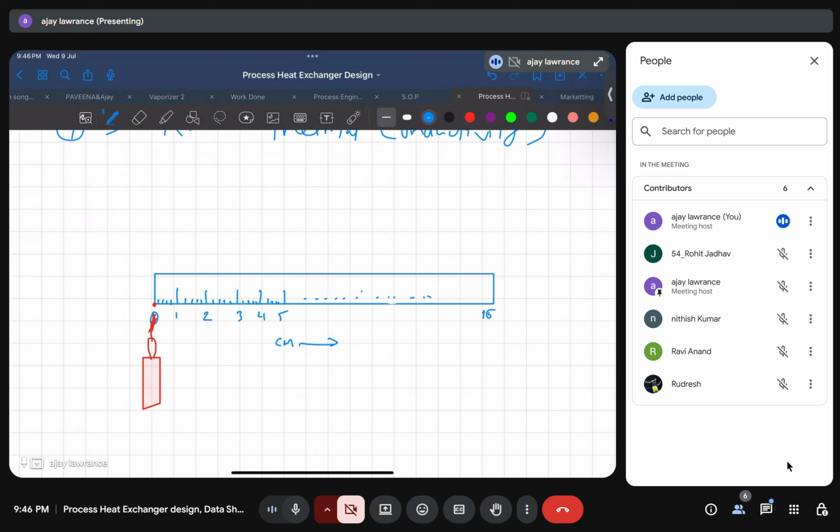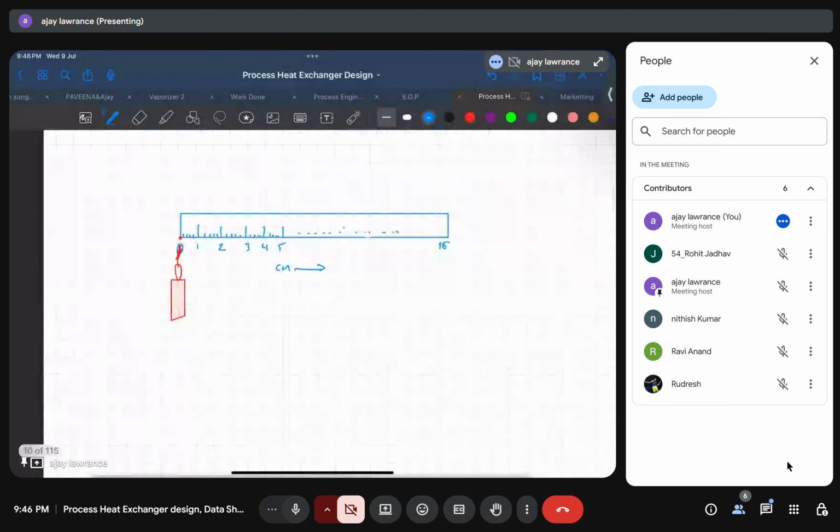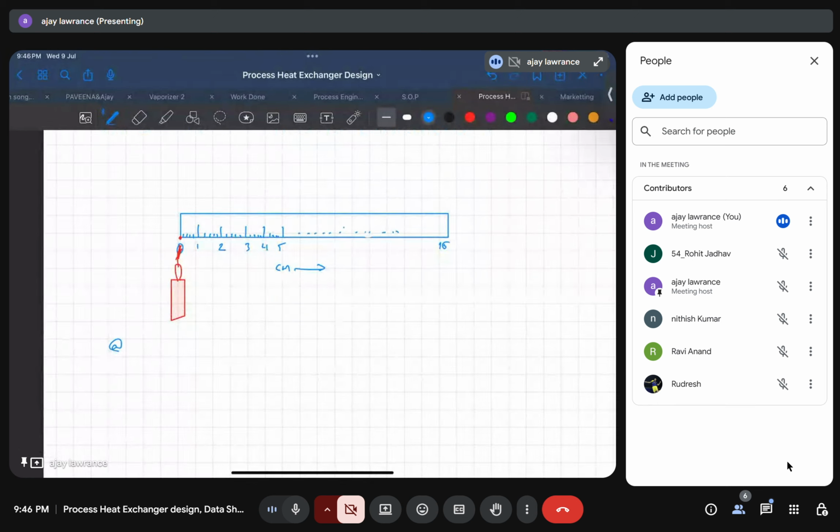Now my question is, at time t equal to, here I'm using small t for time, because in heat exchanger design we use small t for cold fluid and capital T for hot fluid. So don't get confused, here it is time.